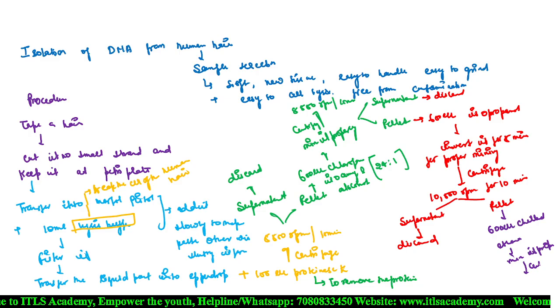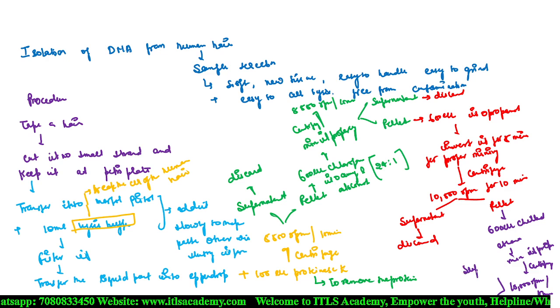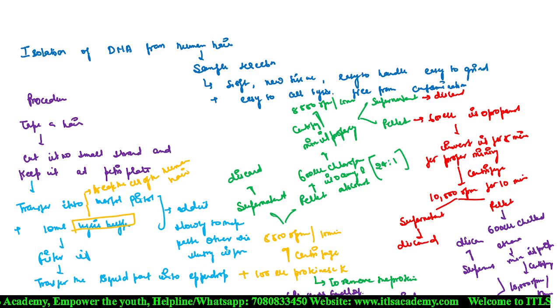Then centrifuge at 10,000 rpm for 15 minutes. Then you get supernatant and pellet. Discard that supernatant. The pellet you have to air dry so that it removes the smell of ethanol.